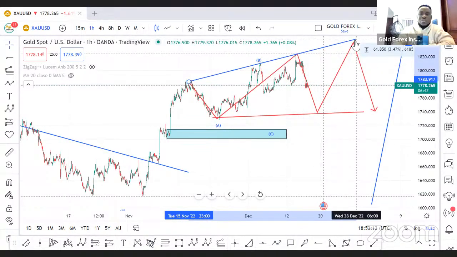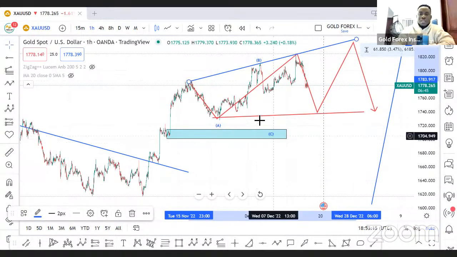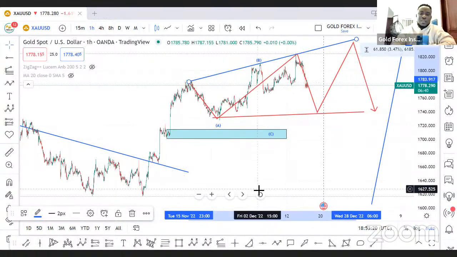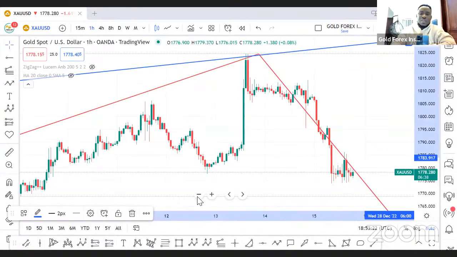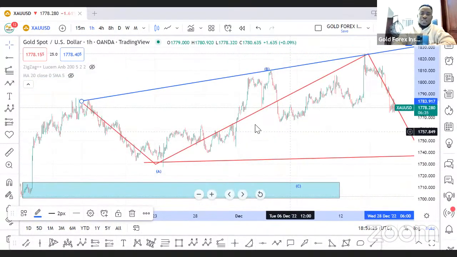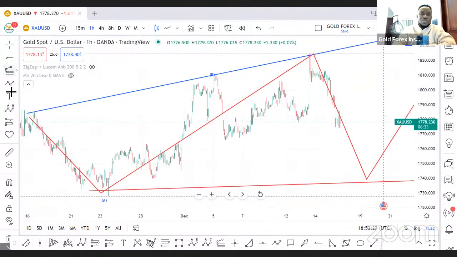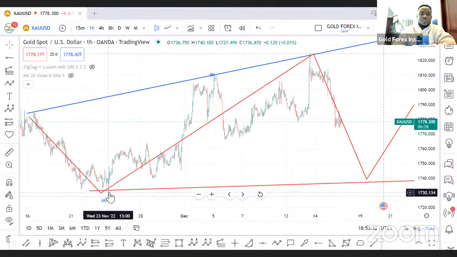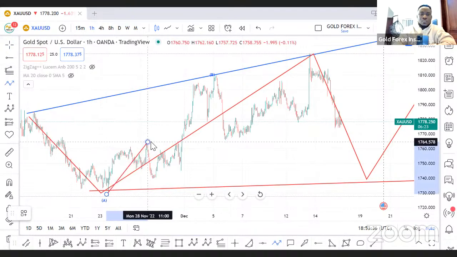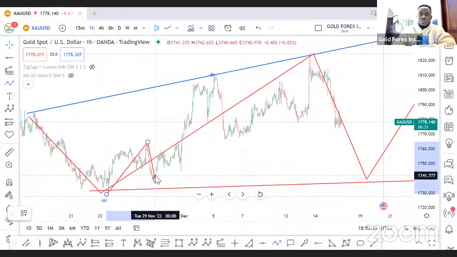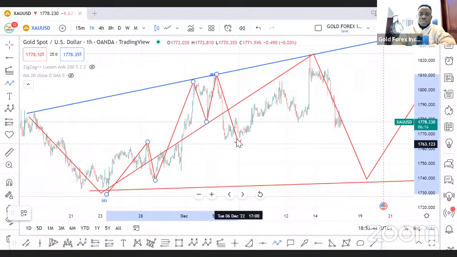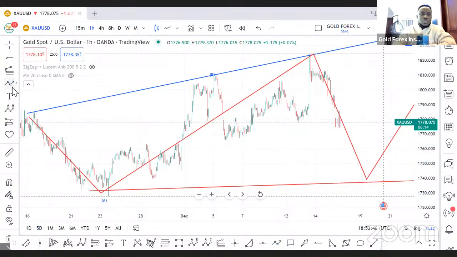I don't know what is for me actually, but if the dollar is to be strong, then in the short term, I'm expecting a harmonic pattern. So this is a break in market structure.